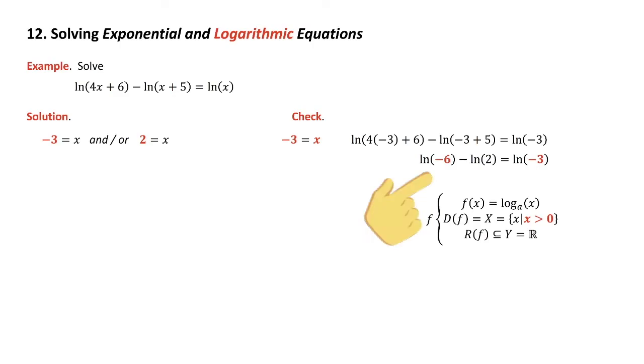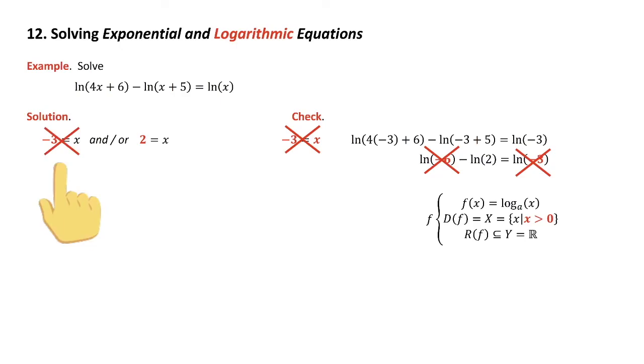So I can't have the natural log or any log of minus 6. And I can't have any log of minus 3. It's not that x is minus 3 is the problem. It's whatever goes in cannot be negative. Whatever is in the box cannot be a negative. So that doesn't work.